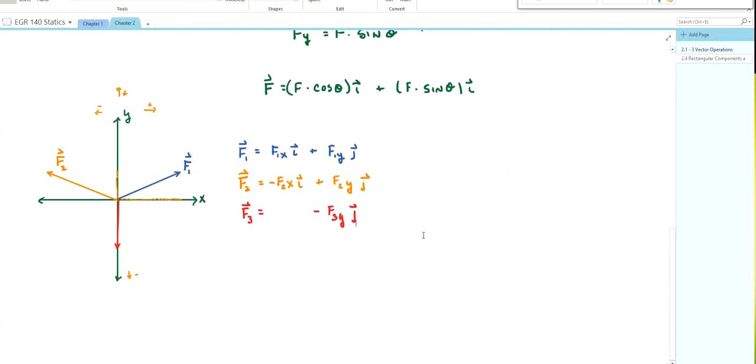So, what is the resultant for these three forces? Well, I could stack them all together and try to come up with something. But the easiest way to do this is just to sum the components. If we sum the components, we're going to get the correct answer. So F1 plus F2 plus F3 equals our resultant.